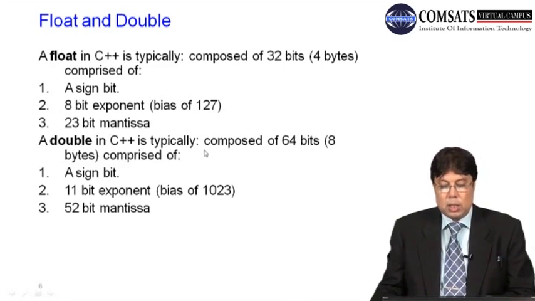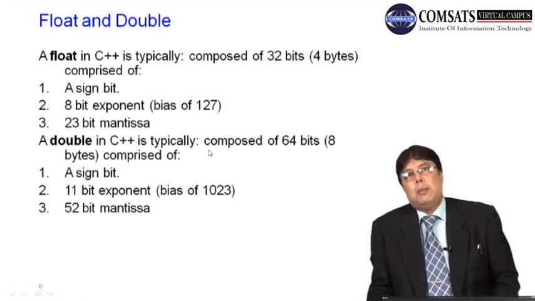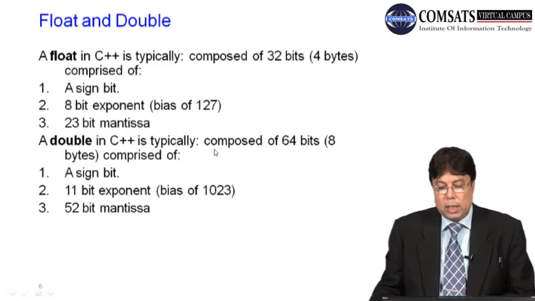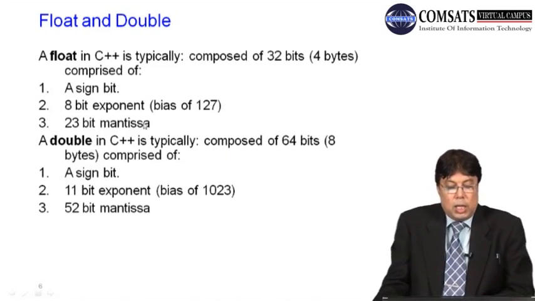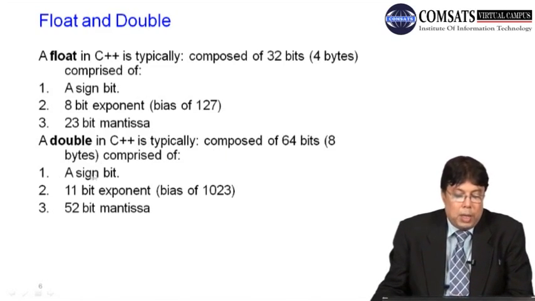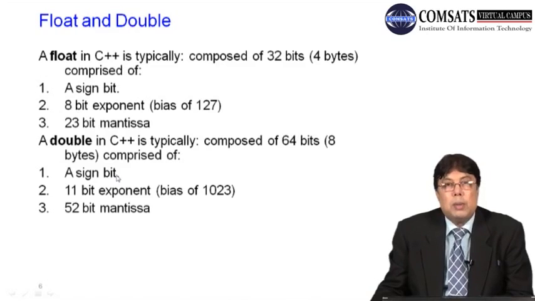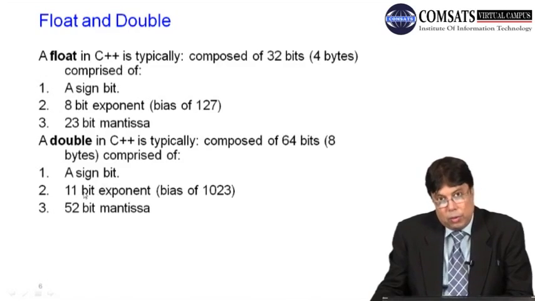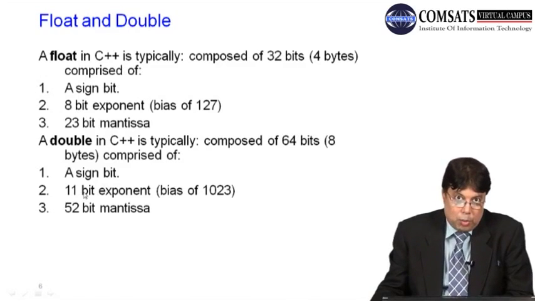For the double number system, a double is a data type that is composed of 64 bits, meaning 8 bytes. In these 8 bytes, once again, 1 bit is reserved for the sign bit, and then out of 11 bits, 1 you will leave for plus or minus exponent.